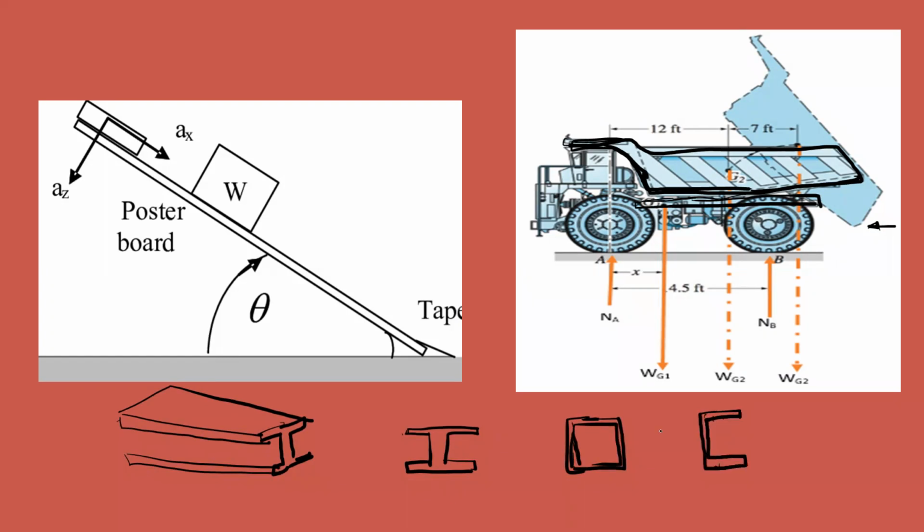Such types of frames are called beams. They support the complete load of the automobile, and in order to design the thickness, we need to consider all the forces. Here all the forces are shown. The engineer considers these forces and then designs such frames. This is again a part of static calculation.